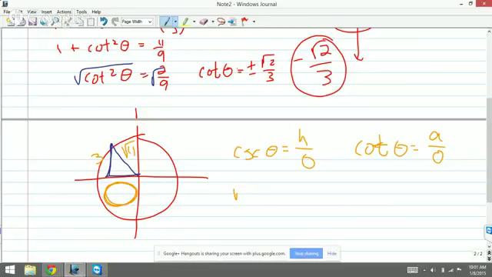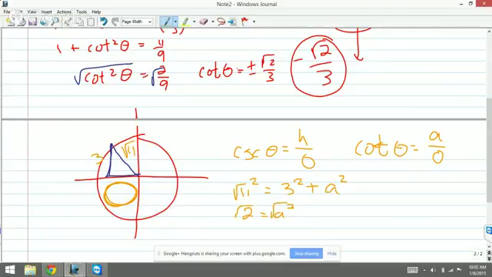Root 11 squared is 11. Subtract the 9, you get 2. Is A squared.